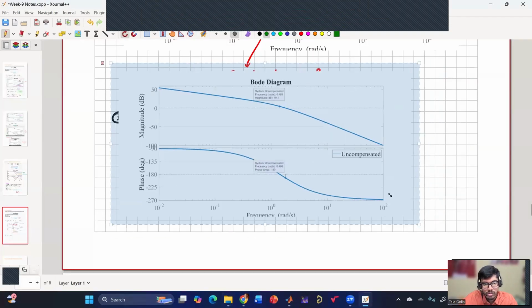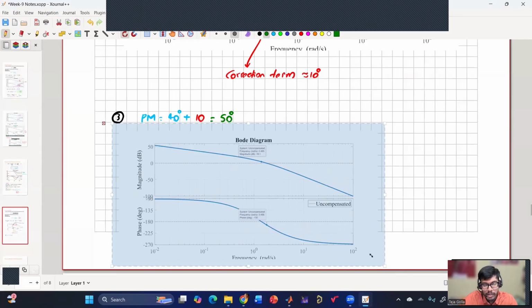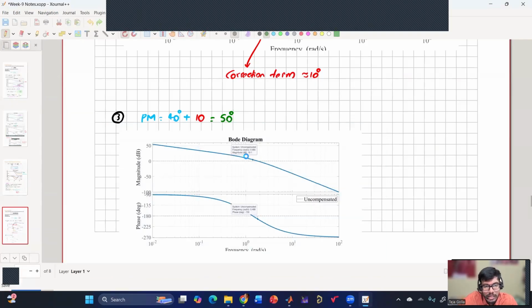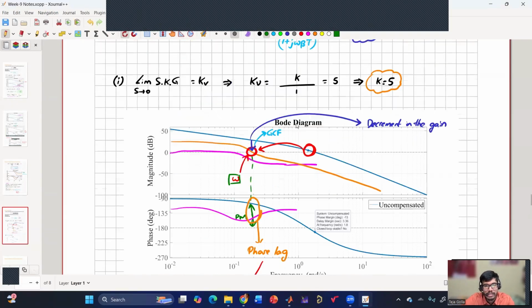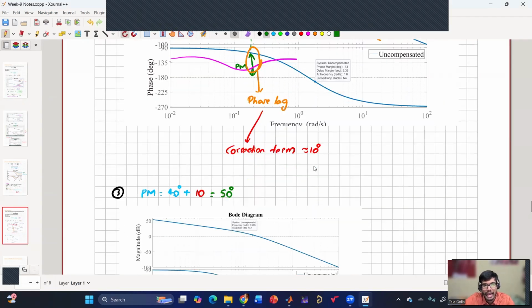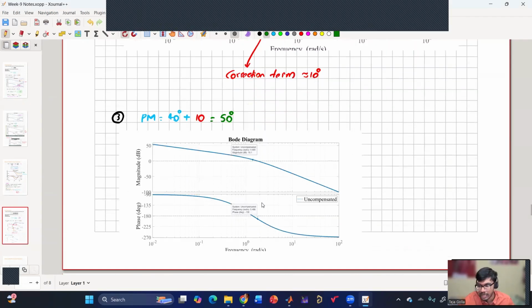Okay. So this will provide me how much decrement in the magnitude I need, which will be caused by this lag compensator. How much decrement do I need? 19.1. So I got the magnitude decrement or gain decrement. The gain decrement caused by the compensator should be 19.1, or it should correspond to minus 19.1.